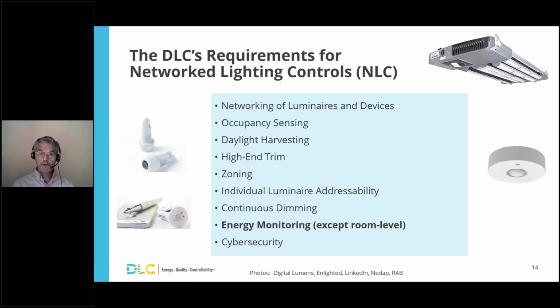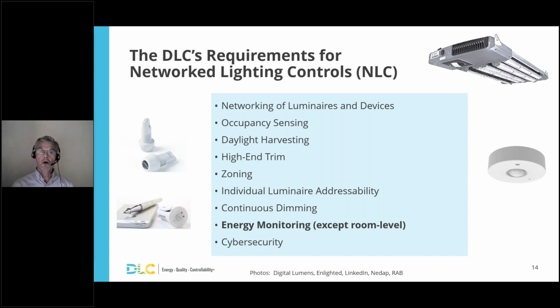With that background, now I can talk about the DLC requirements for network lighting controls. All of the products on the DLC list of qualified network lighting control systems offer the required capabilities listed here. Some systems also support additional control functions, such as personal tuning, color tuning, demand response, etc., that are not required by DLC.